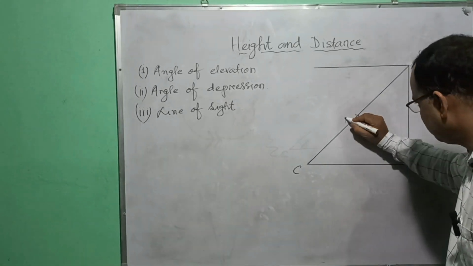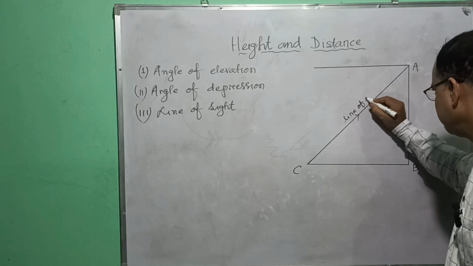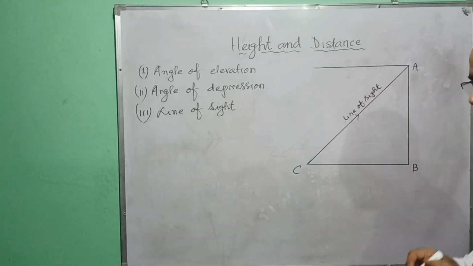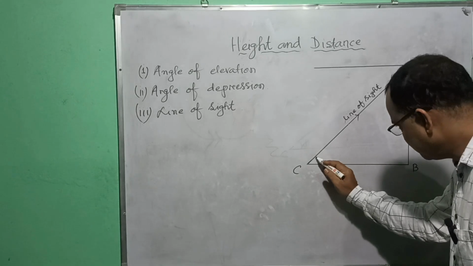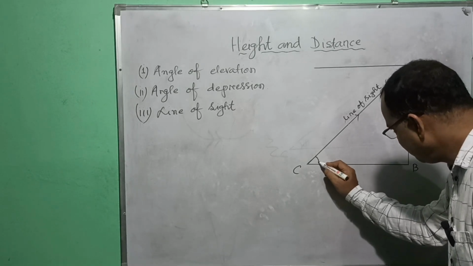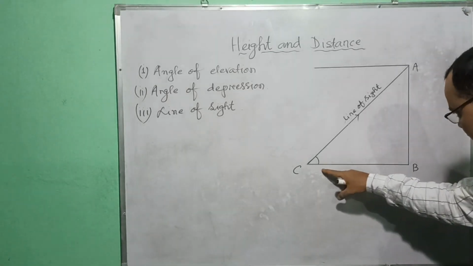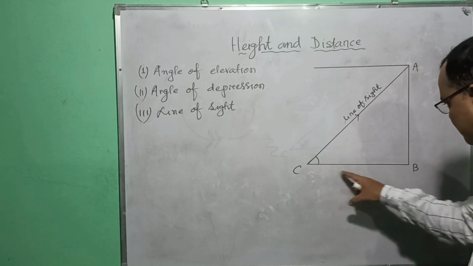So we can write here line of sight. This is called the line of sight. Now this line of sight is making an angle with the horizontal. What is the name of this angle? ACB.